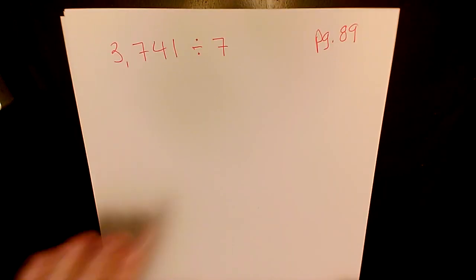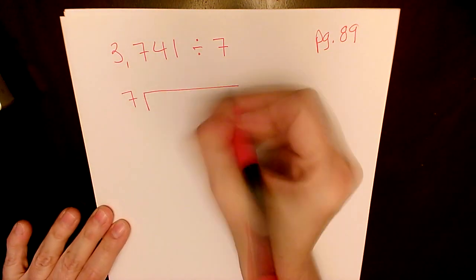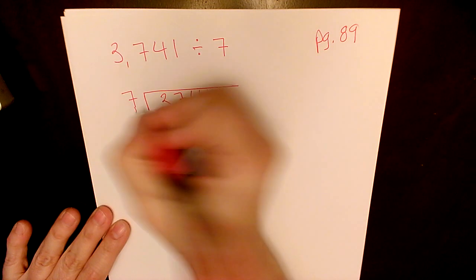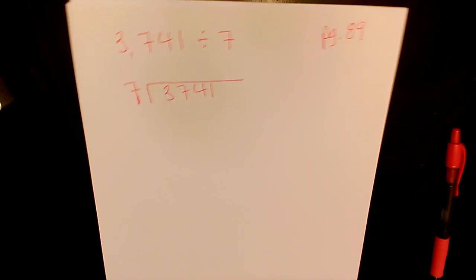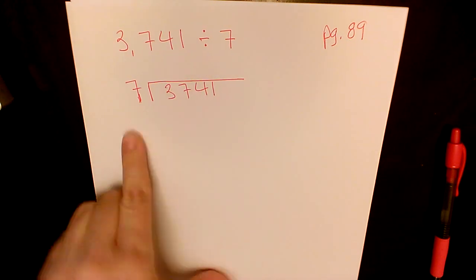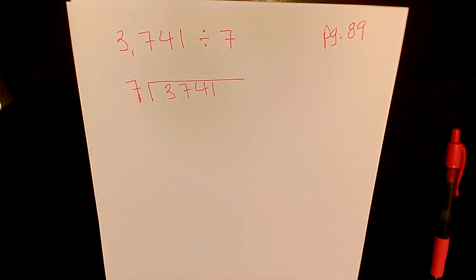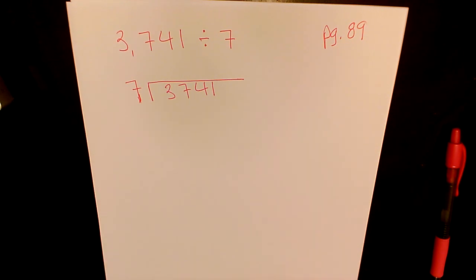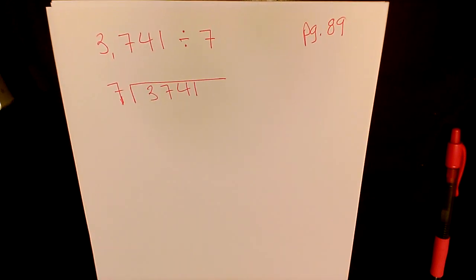So remember from the last one I did, the 7 is going to go on the outside, and the 3741 is going to go on the inside. So divided by 7, that number goes on the outside, and this first goes inside because we're dividing 3,741 by 7.